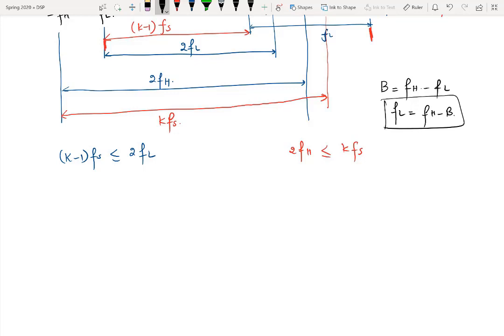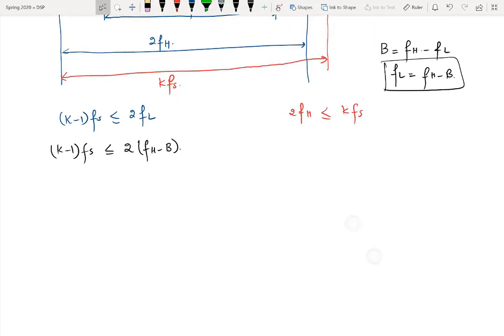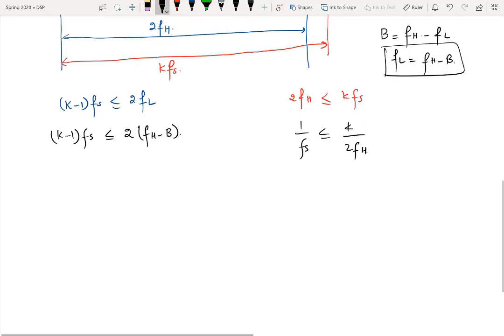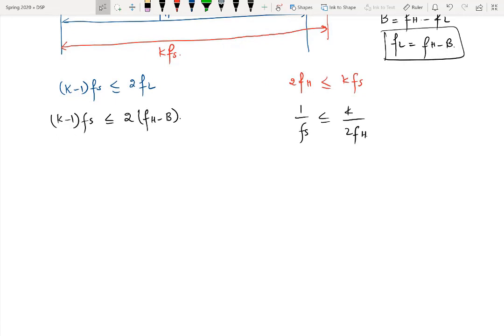Here it becomes k minus 1 fs less than or equal to 2 times fh minus b, and from this inequality we can write 1 over fs is less than or equal to k over 2 times fh, right?